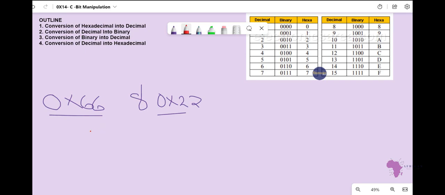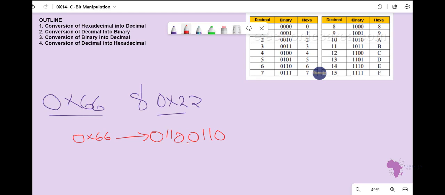So what's the binary? 0x66 in binary will give us what? For this case, I will just use this, which is equivalent to 0 1 1 0 0 1 1 0.